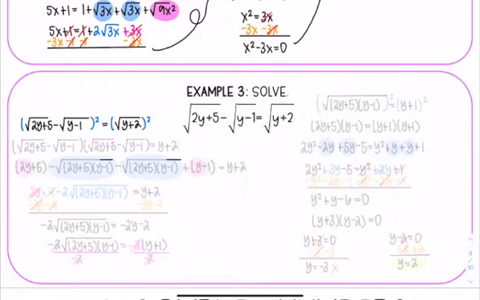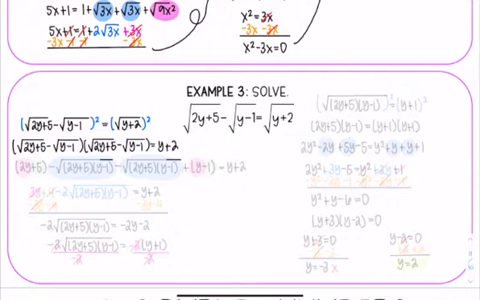And so on the right, it's going to cancel, but on the left, we're just going to write this twice so that we can FOIL it properly. And that's equal to y plus 2 on the right-hand side.